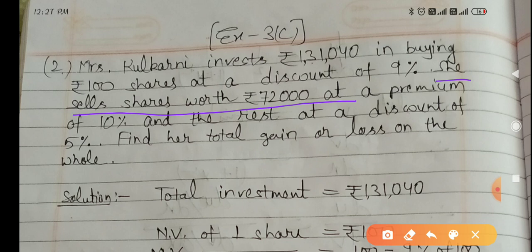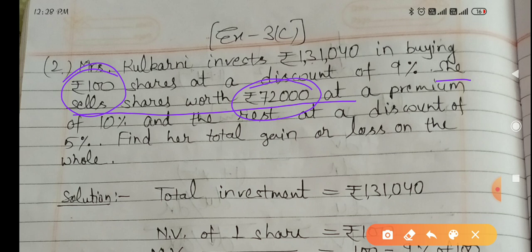So you divide this 72,000 by NV, then you will get how many shares she is selling. One more time I'm telling you, it is said in the question worth rupees 72,000, which means the shares whose NV is 72,000 rupees, that number of shares she is selling.